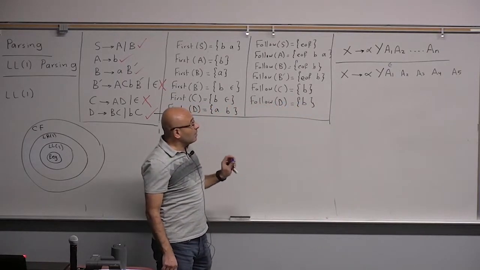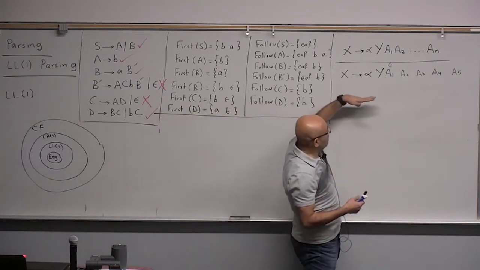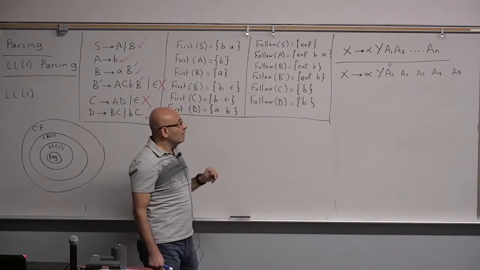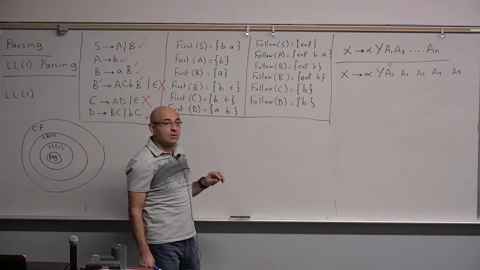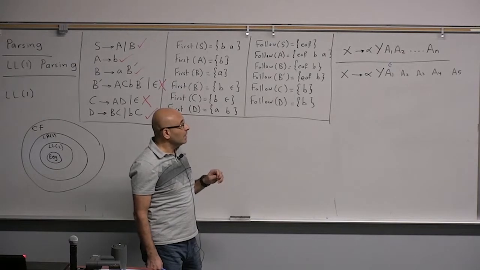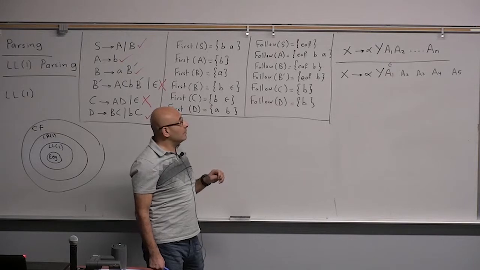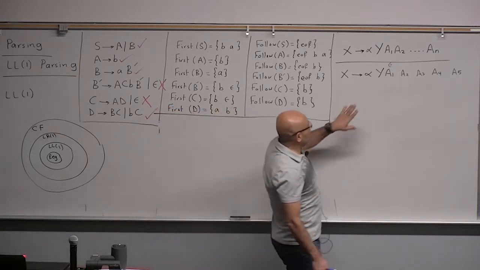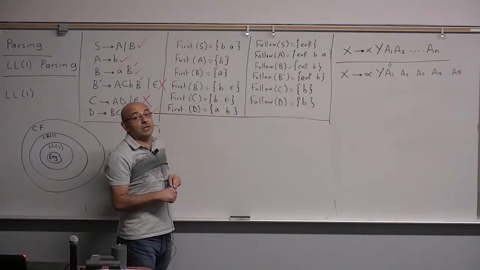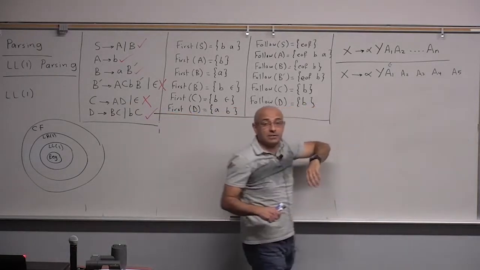Now, the procedure that I described last time, which is what I'm just redescribing right now, is not efficient. Why isn't it efficient? Do you see where it's not efficient? Well, we assume that all the first sets have been computed already, so we are only computing the follow sets here.